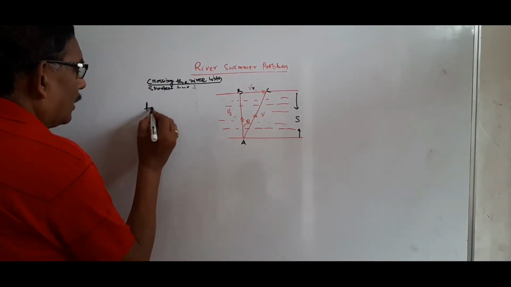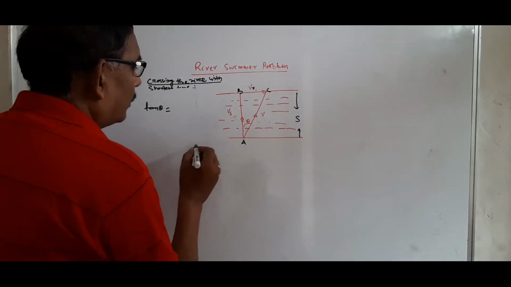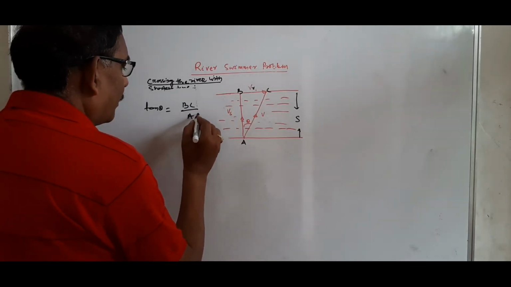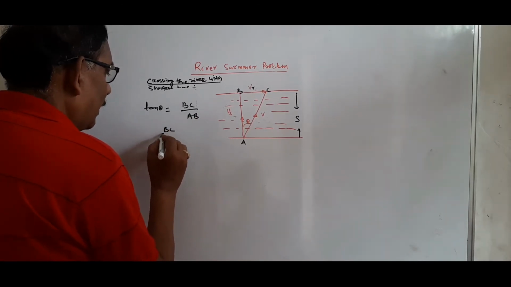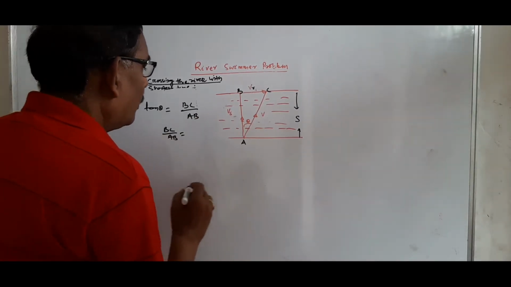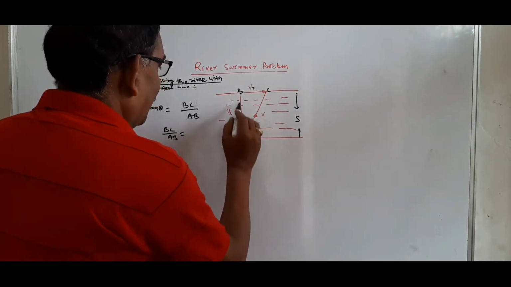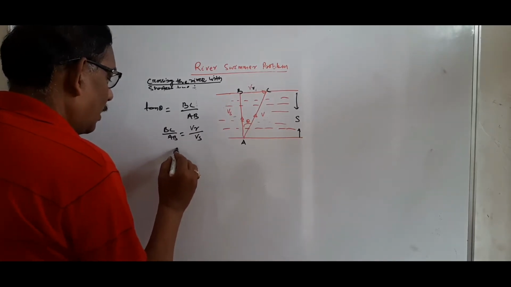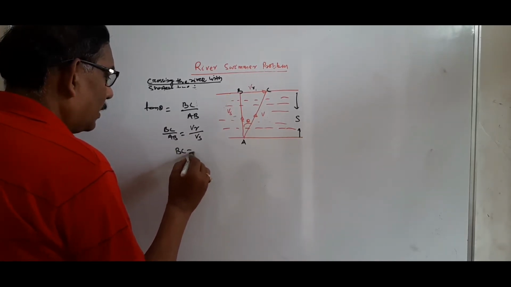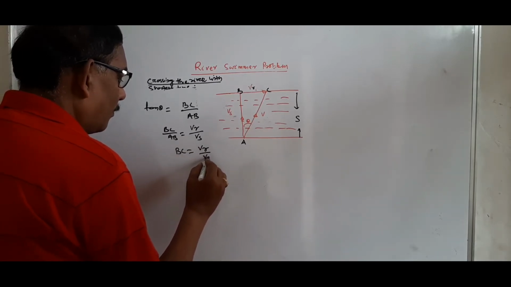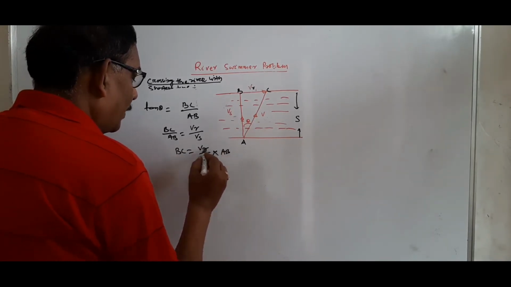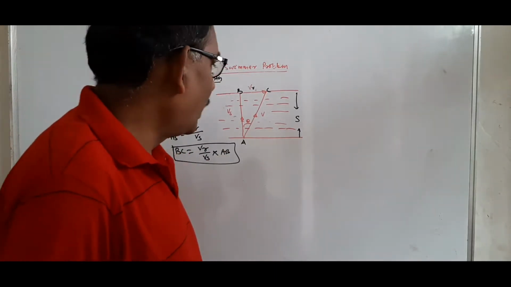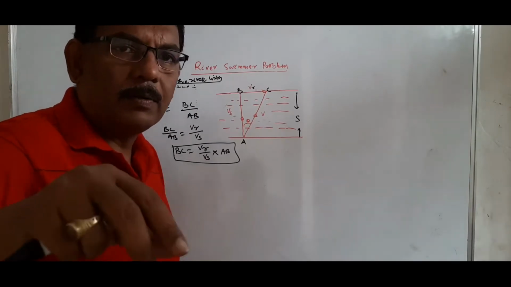Look here, tan theta is equal to P by B, BC by AB, and BC by AB equal to Vr by Vs, where BC is Vr and AB is Vs. So BC is equal to Vr by Vs into AB. This is the path traveled by the swimmer when crossing from one bank to another bank.